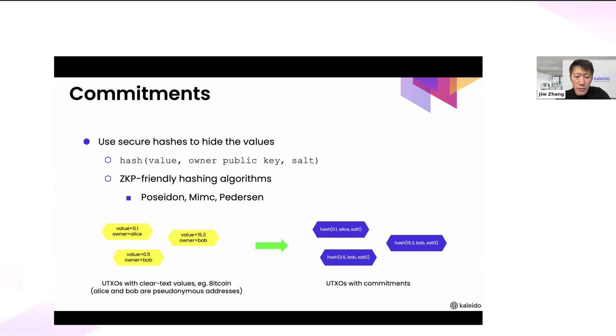We don't have time to go through the specific reasons for that, but just understand that SHA-256 and all the well-known hashing algorithms are very expensive to prove inside zero-knowledge proof circuits. So new hash algorithms are being designed to be much more efficient inside zero-knowledge proofs. Poseidon and MiMC are designed for this purpose.